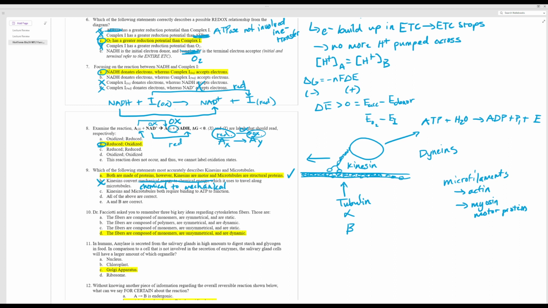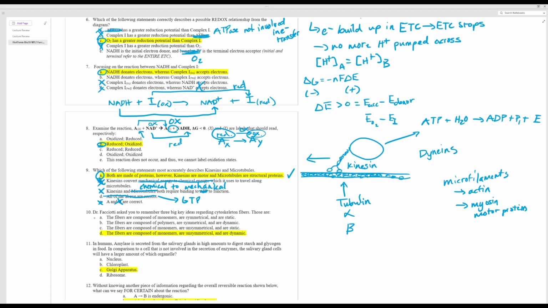So it's not B. C, kinesins and microtubules both require binding to ATP to function. This is false. Kinesins do, but microtubules bind to GTP. Okay, well, we know B and C are wrong, so it can't be all of them. And we know B is wrong, so it can't be E, which makes our answer A.